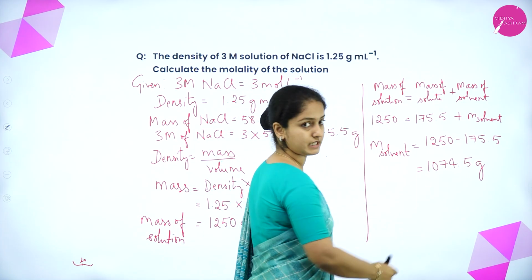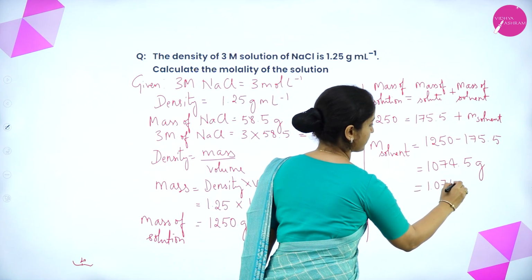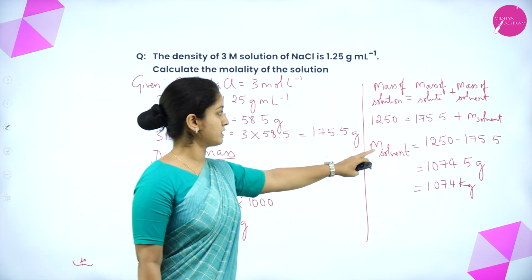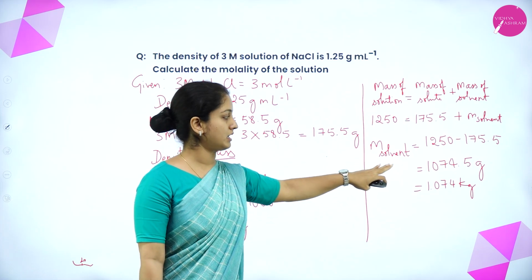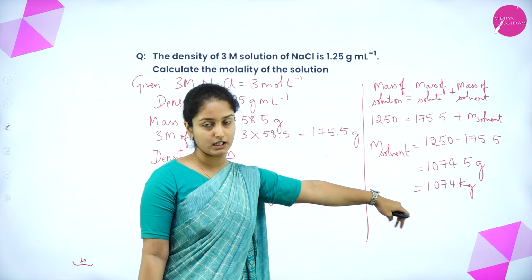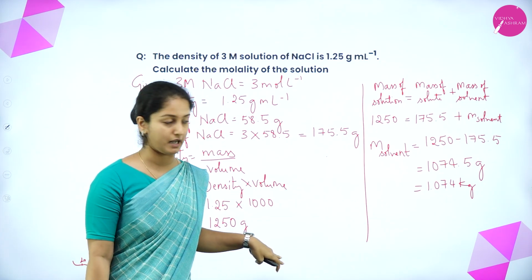So this is expressed in grams. So if it is converted to kg, it is 1.074 kg. Now we know that mass of solute is 175.5 gram, mass of solvent is 1.074 kg, and mass of solution is 1250 grams.